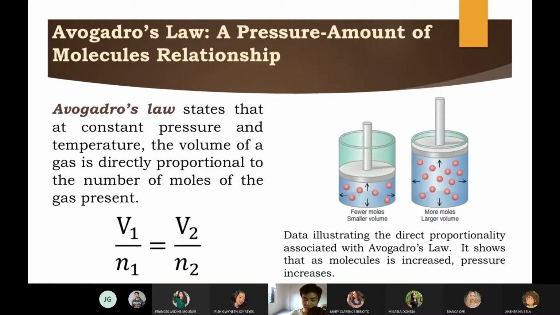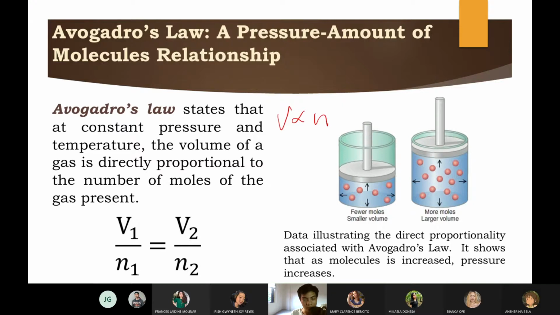And lastly, we have the Avogadro's law. According to Avogadro's law, when you increase the amounts of gases or the moles of gases, tumataas din yung kanyang volume. So that means volume is directly proportional to the number of moles of gases. Totoo ba yan? Totoo yan. Example is yung lobo. Pag hinipan nyo yung lobo, what happens?